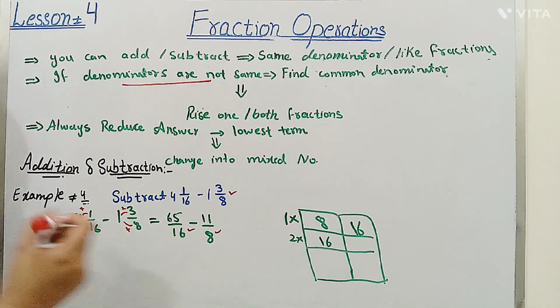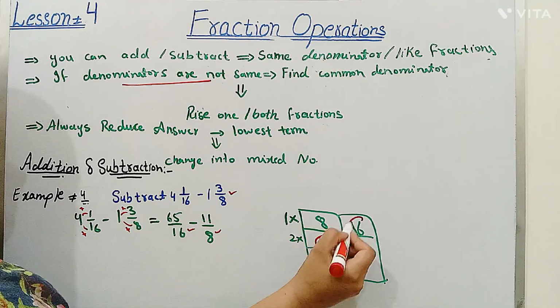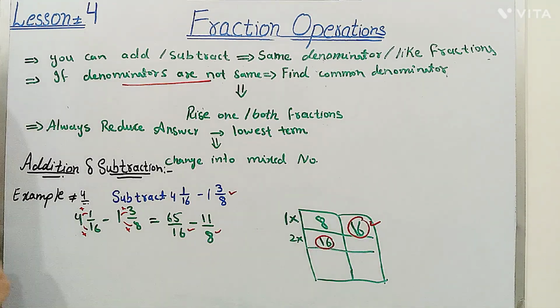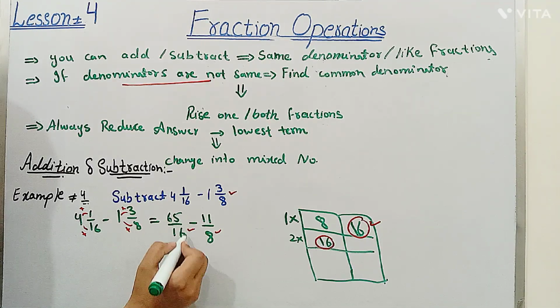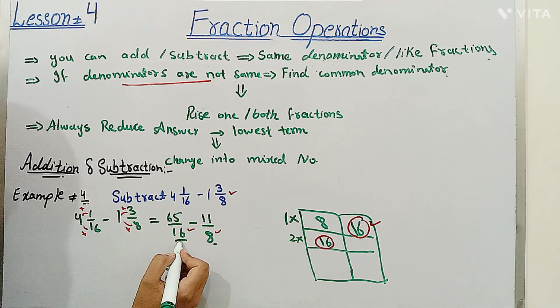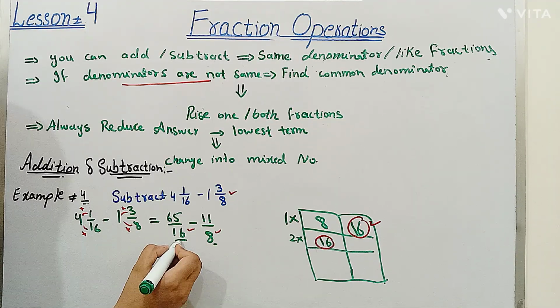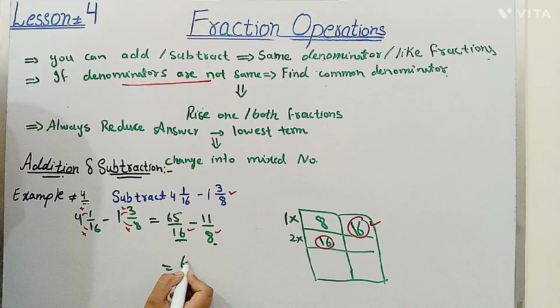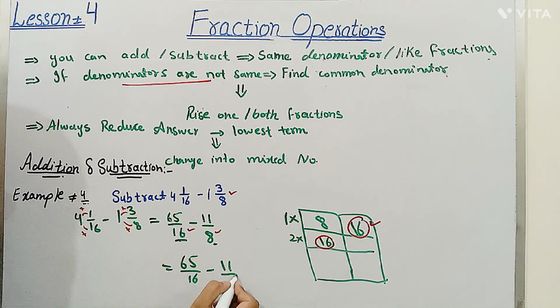Now we will stop there. 16, 16, so we will not change them. We will not change this denominator because we want to make this denominator the same as that denominator. 65 over 16 minus 11 by 8.